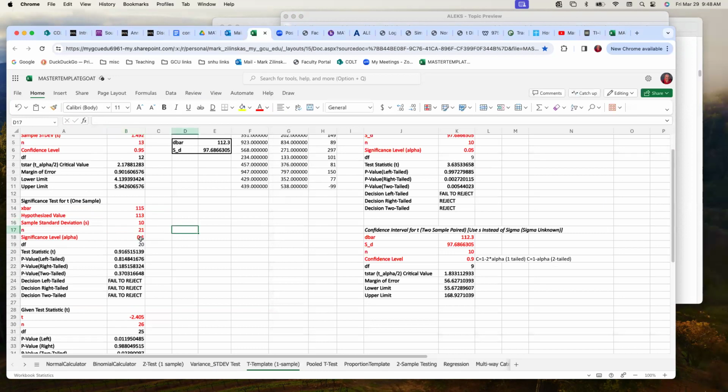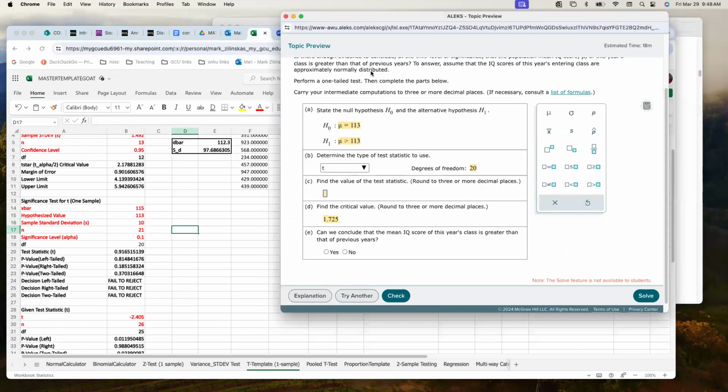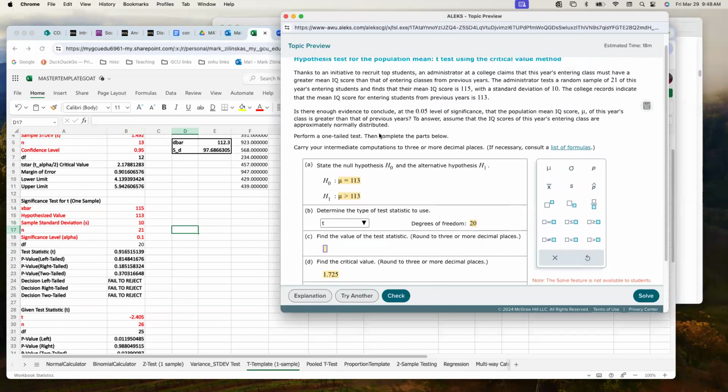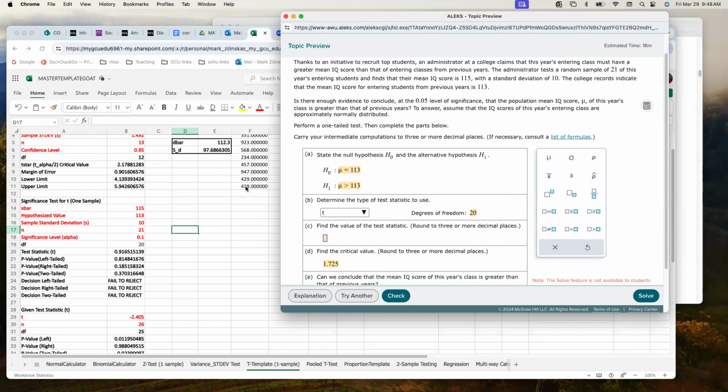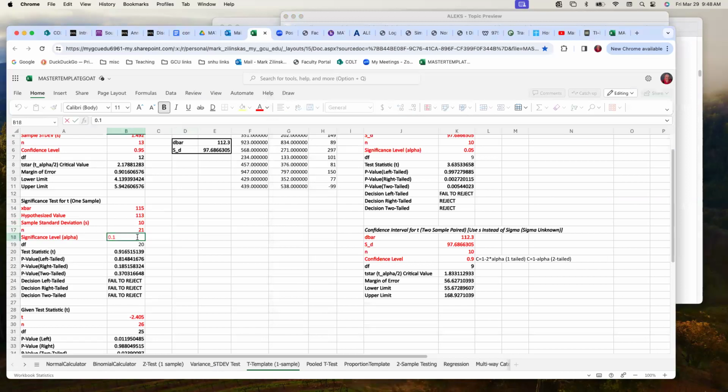All right, and my alpha was 0.05. It doesn't really matter here, but I just want to show you the p-value. Yeah, 0.05. All right, so anyway, here it gives you your degrees of freedom.